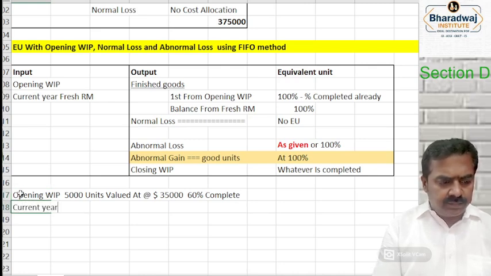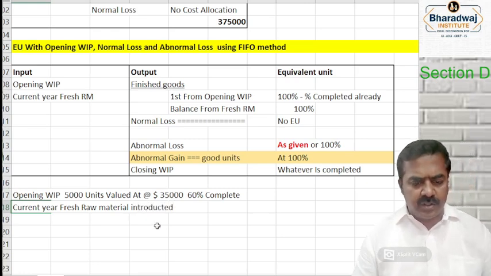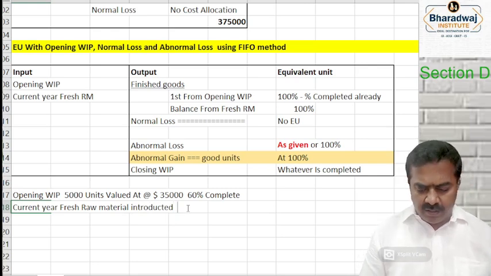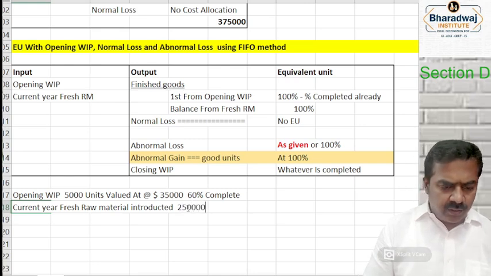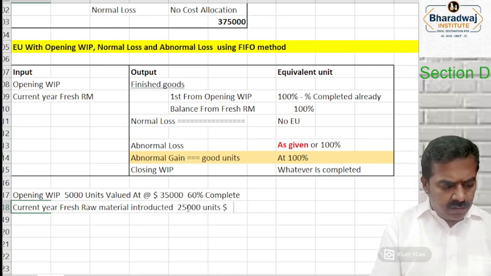Current year fresh raw material introduced, 25,000 units, $50,000.